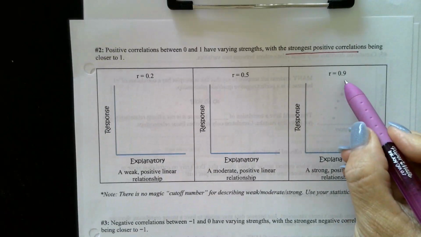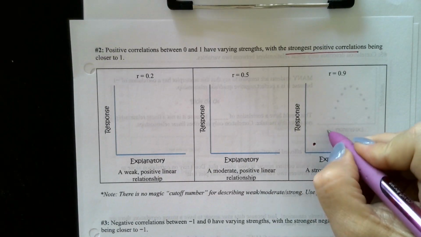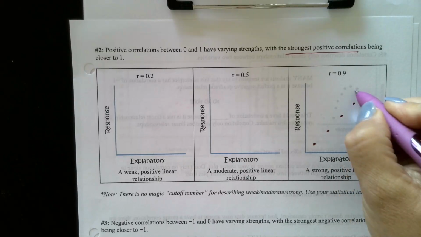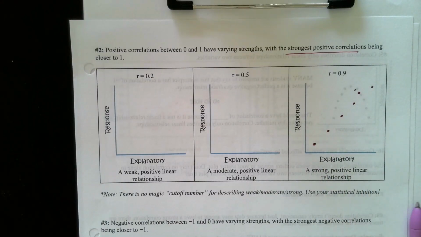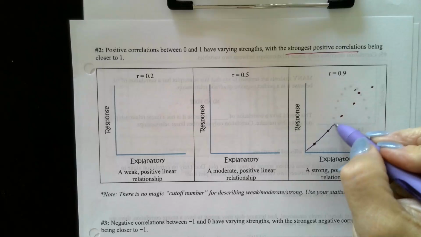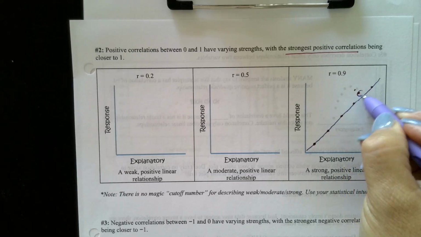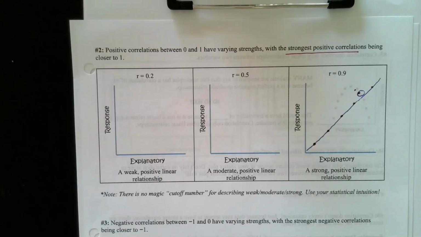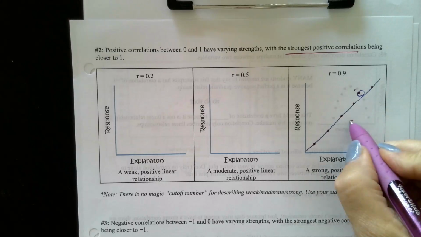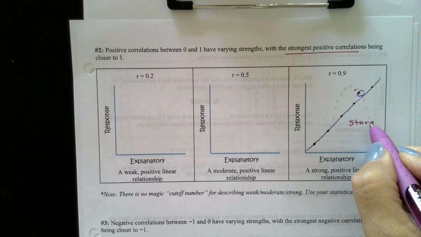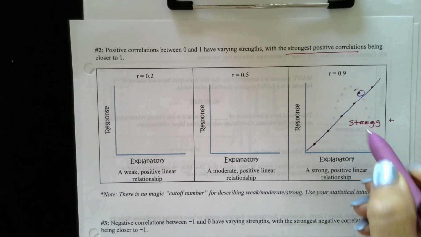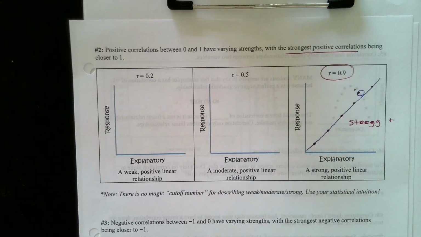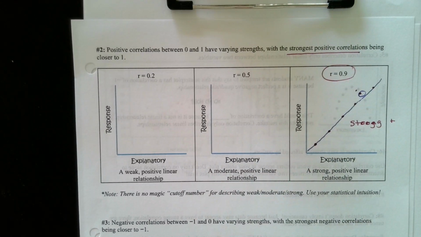If we have one that's 0.9, we're going to have a pretty strong correlation. If I drew this line, everything fits this line but this one point. That is pretty strong, so this would be our strong positive. When we look at this on the graph, we would say this is a strong positive relationship, but this value of 0.9 tells us exactly how strong it is.